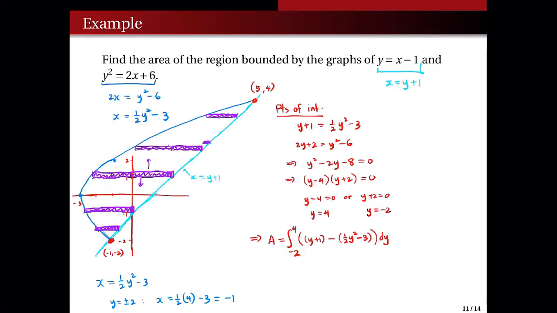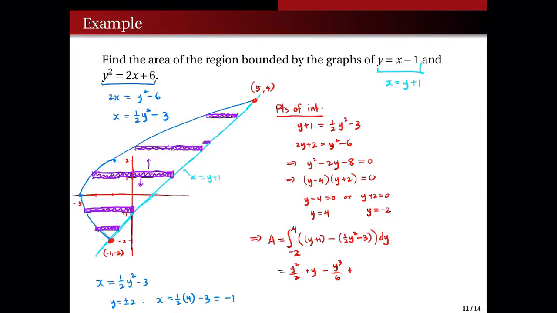Let us calculate the actual area. We have here y squared over 2 plus y, minus y cubed over 6. And then here you have minus -3y, sorry, minus -3, so it becomes plus.